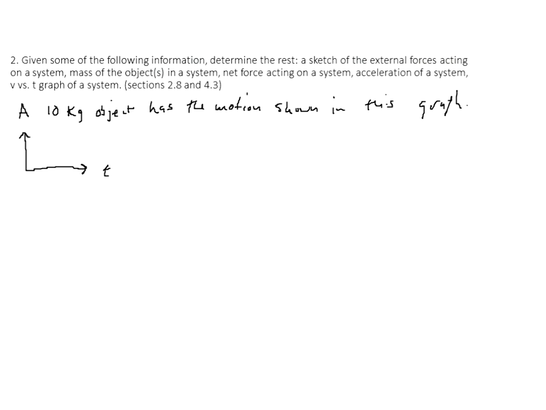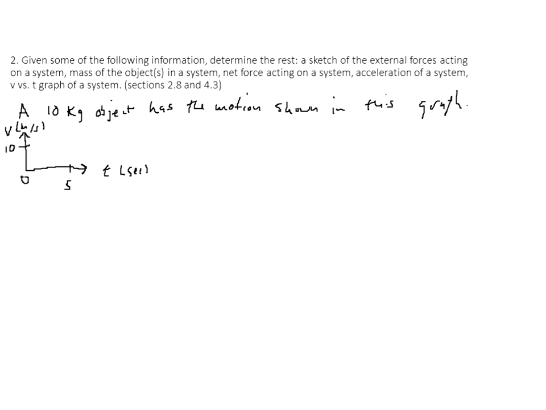So time, and here's 0. So this is 5, and so this is seconds. And here we have velocity in meters per second. So let's just say this is, what would be a good, 20?